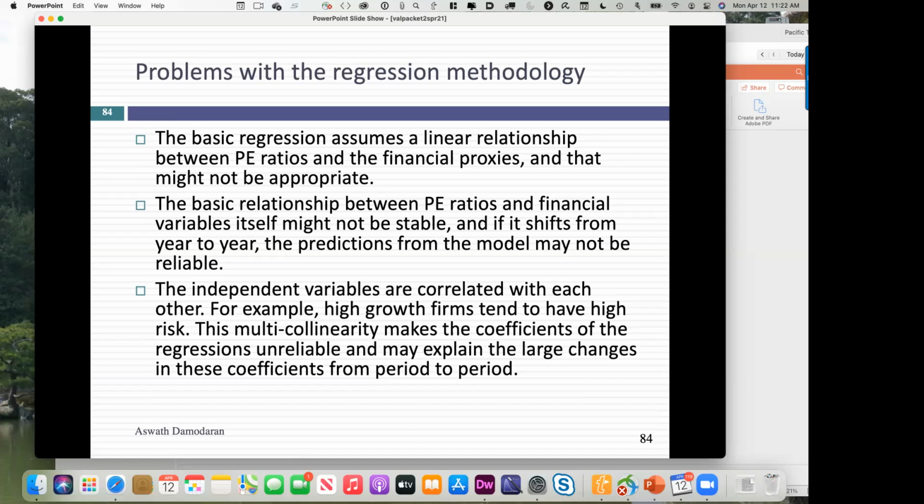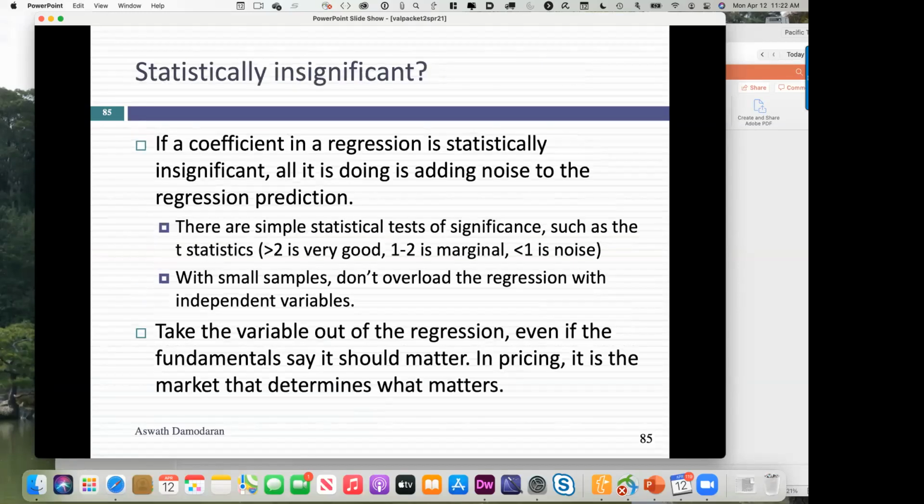And the third is an issue that anytime you run a multiple regression you run into, which is the independent variables in a multiple regression are supposed to be uncorrelated with each other. And there's almost no chance you're going to find that to be true with any financial regression, because you pick any three variables related to a company, they're bound to be linked to each other. It doesn't kill your regression, but it's something that you've got to keep in the background.